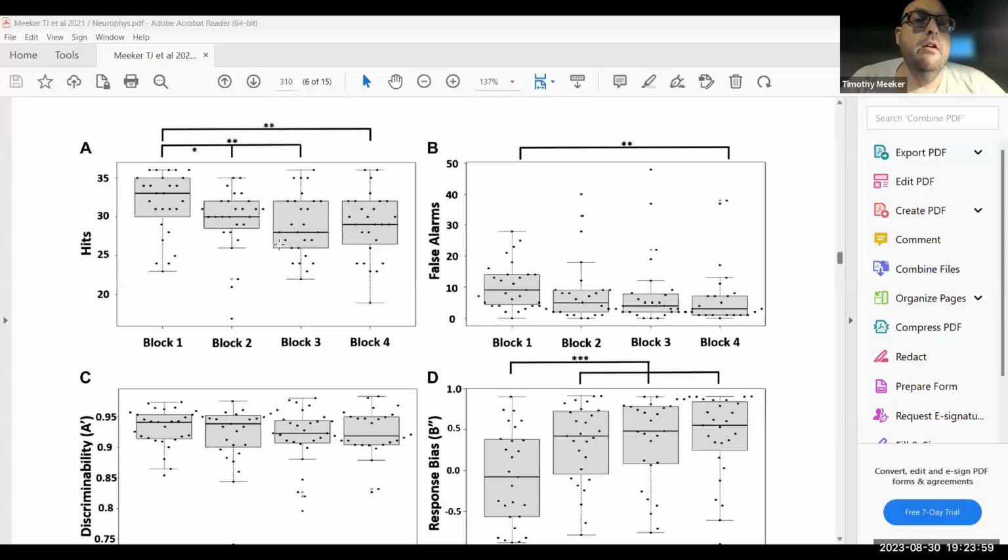As you can see here, we were measuring a variable, and we had however many subjects there are dots there, I think 27, and we measured the same variable over block 1, block 2, block 3, block 4.